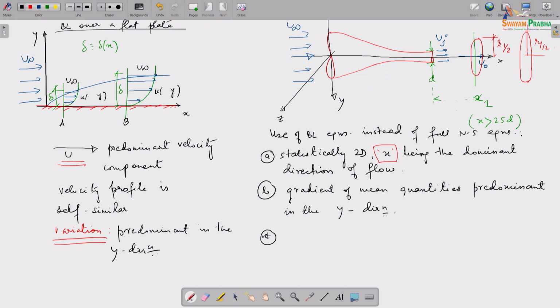Statistics do not vary in the z direction.